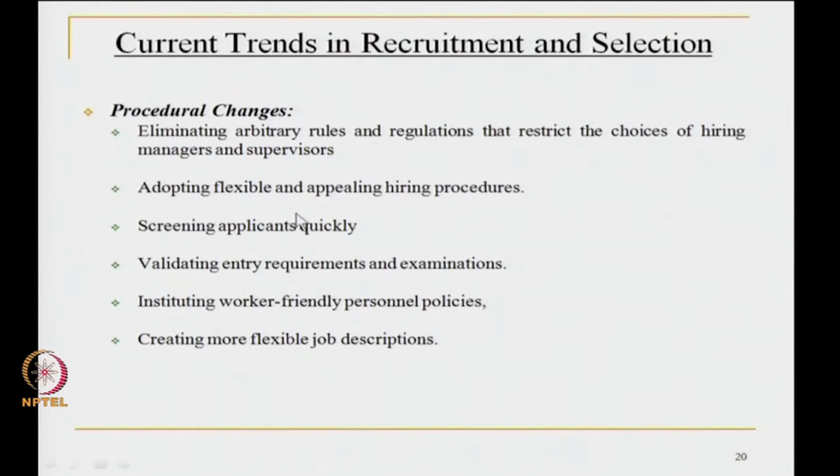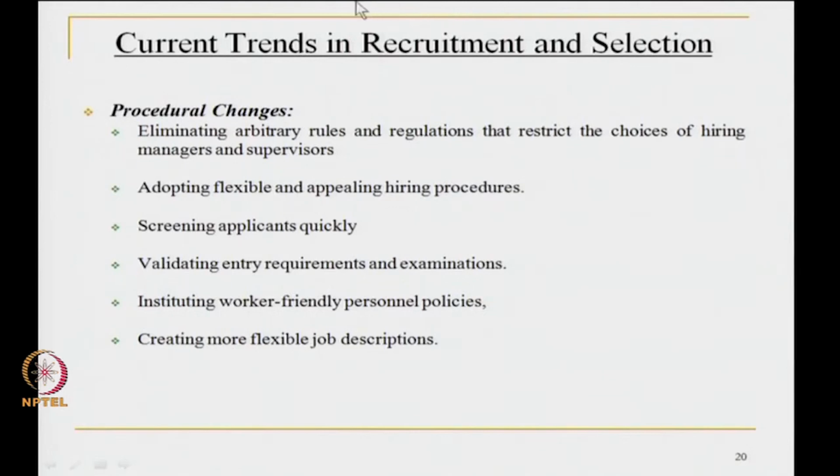Adopting flexible and appealing hiring procedures, screening applicants quickly, validating entry requirements and examinations, instituting worker friendly personnel policies, and creating more flexible job descriptions.